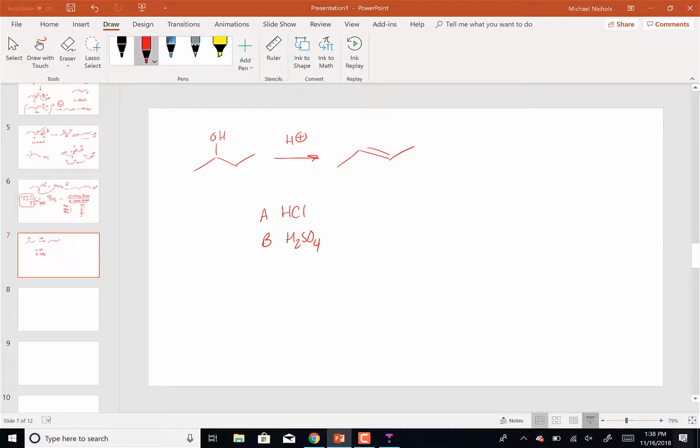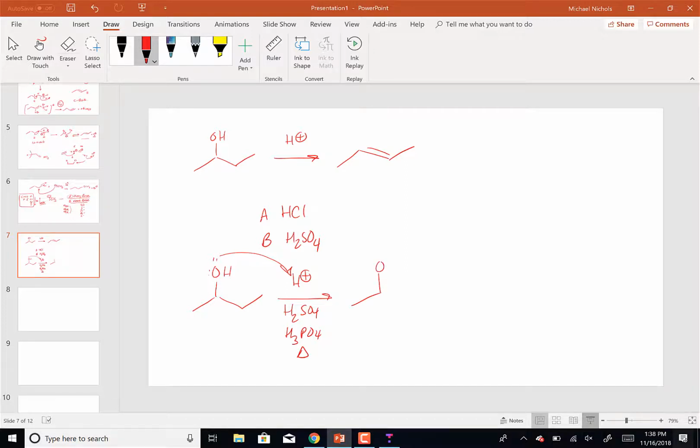So our first step in that mechanism is to protonate the OH. I'm going to add H+, but it's important that the H+ come from sulfuric or phosphoric acid with the triangle. So triangle stands for? Heat. So we need to heat this reaction.